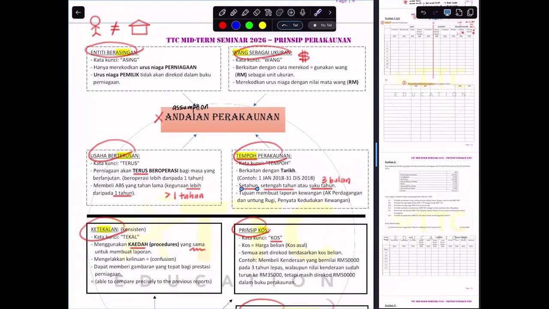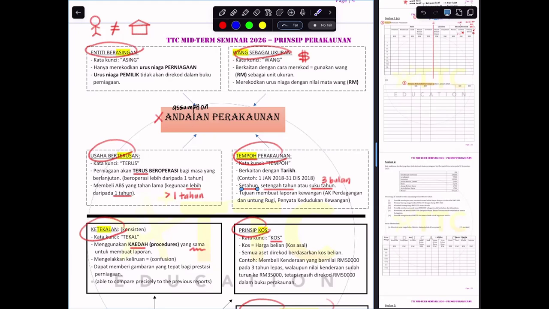Is it possible for the boss to simply withdraw? No also, right? If you mix up everything together, how can you make clear how much profit is in the company? So that's why we need to split the boss's transactions out of the company. We need to split their accounts clearly. We call it entity berasingan.